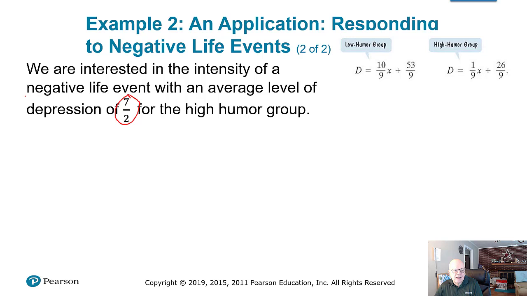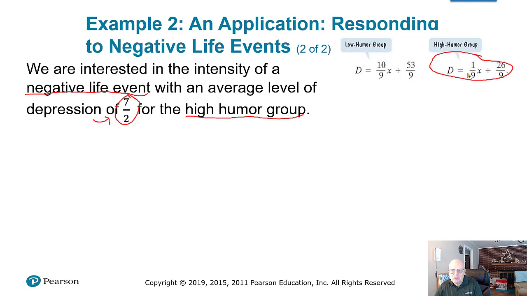What would be the intensity of the negative life event if the depression ends up like this, and it's the high humor group? So the high humor group means we're talking about this formula over here.